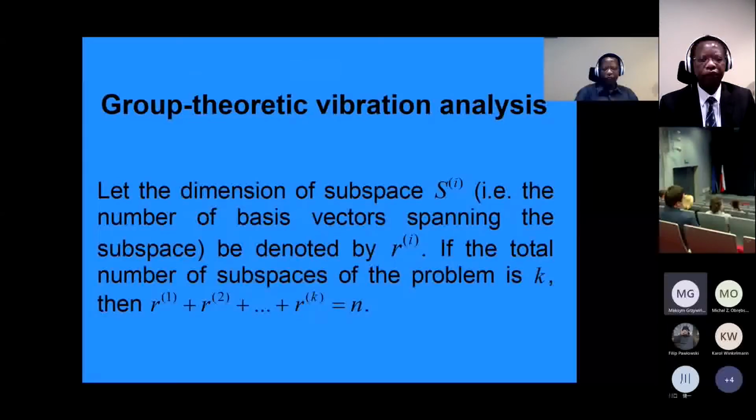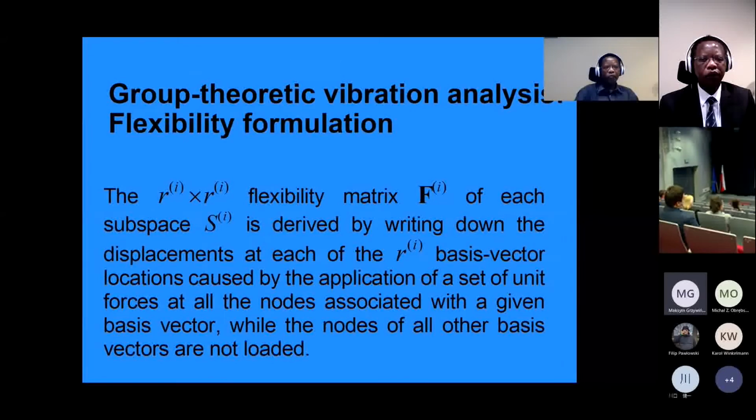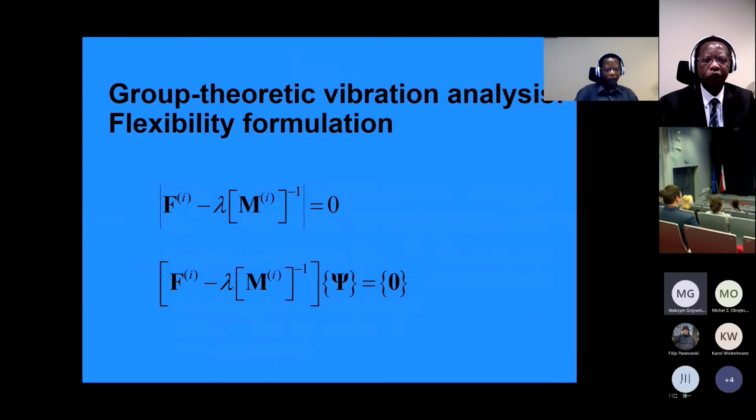If we follow the flexibility approach, the Ri by Ri flexibility matrix Fi of each subspace Si is derived by writing down the displacements at each of the Ri basis vector locations caused by the application of a set of unit forces at all the nodes associated with a given basis vector, while the loads of all other basis vectors are not loaded. This allows a smaller eigenvalue problem to be set up for each subspace.